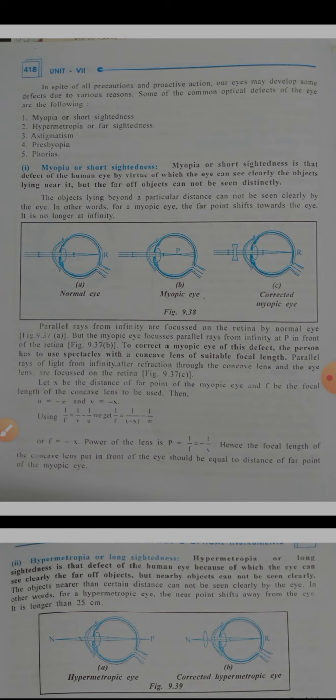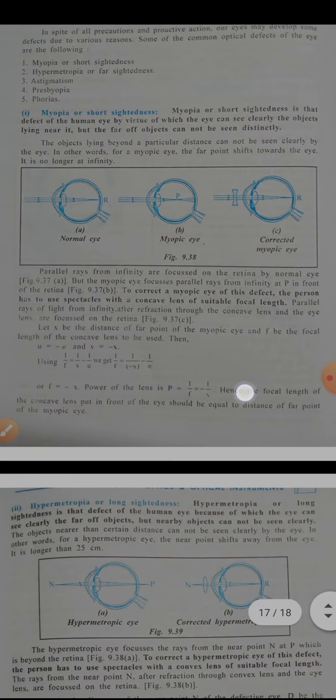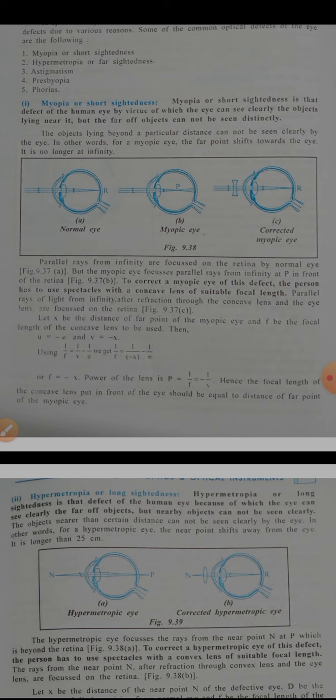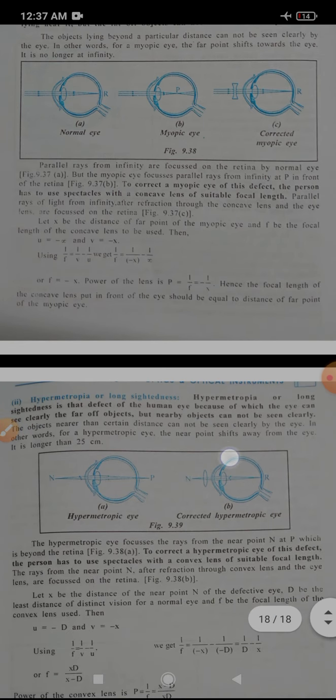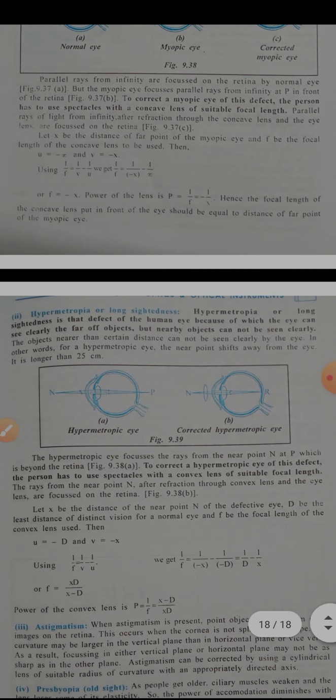To overcome this defect, we use concave lenses of a suitable focal length. Another one is hypermetropia, or long-sightedness.